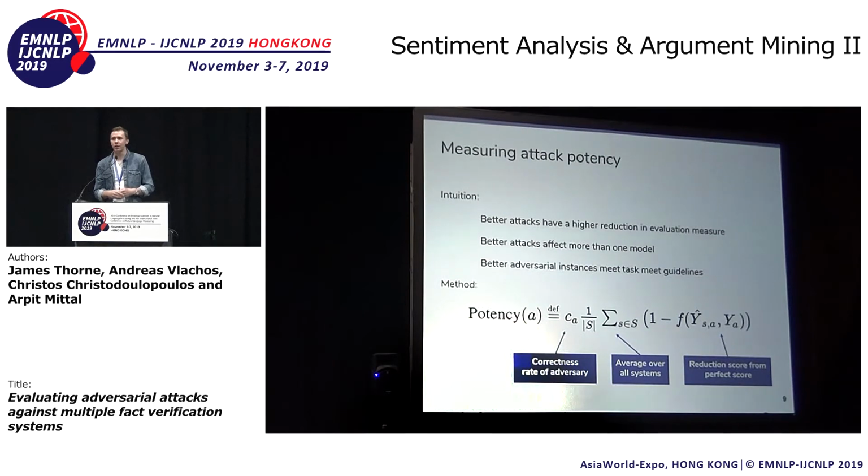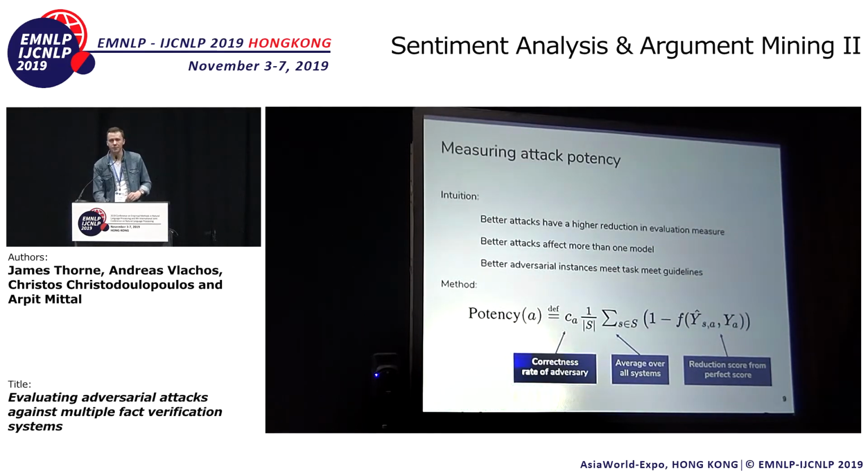And you can estimate the correctness rate by sampling or some other way of generating a scalar for this. And so given a set of systems you want to evaluate your adversarial attack on, we are effectively just averaging over the reduction from a perfect score.